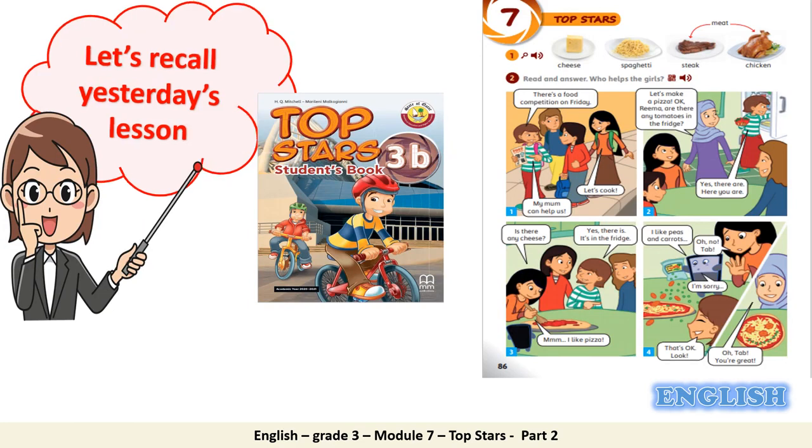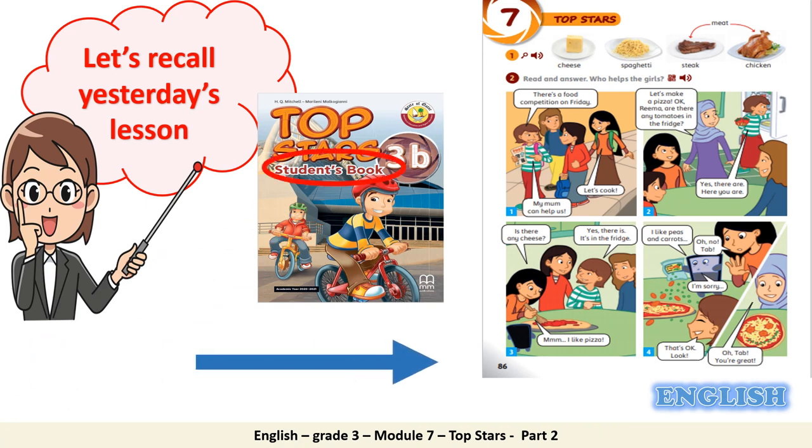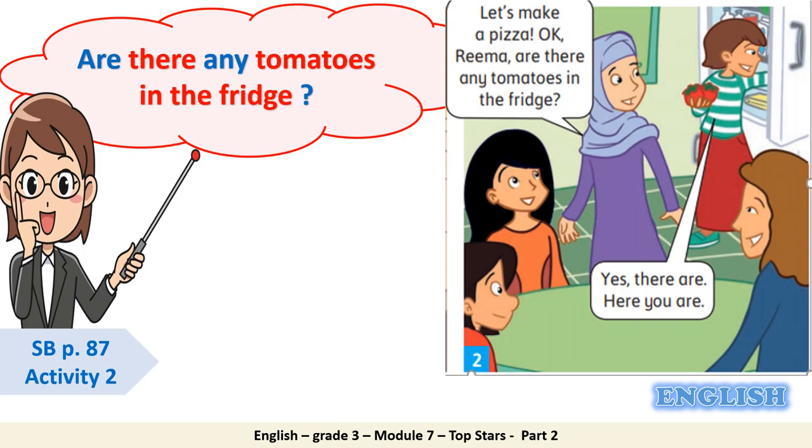Now, let's recall yesterday's lesson. I want you to open your student's book, page 86. Look at frame number 2 and try to answer the question. Are there any tomatoes in the fridge? Very good.